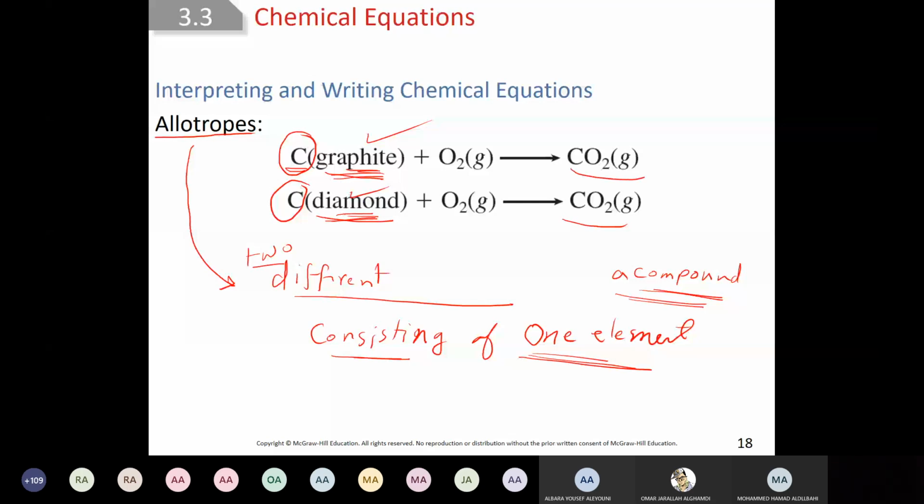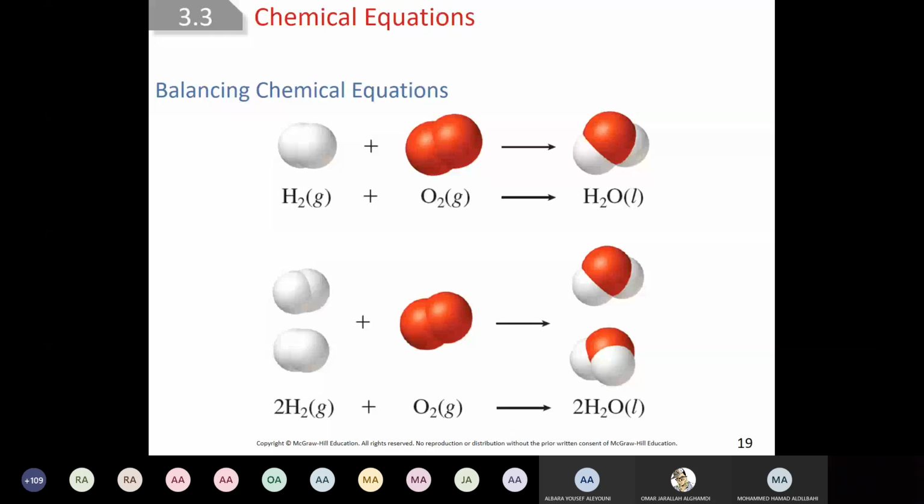Okay. I want you, in your notes now, to write this reaction, which is H2 gas plus O2 gas to give you water liquid. Very quickly, balance it at the top here. How many hydrogen do we have here? 2 hydrogen and 2 oxygen to give you 2 hydrogen and 1 oxygen.